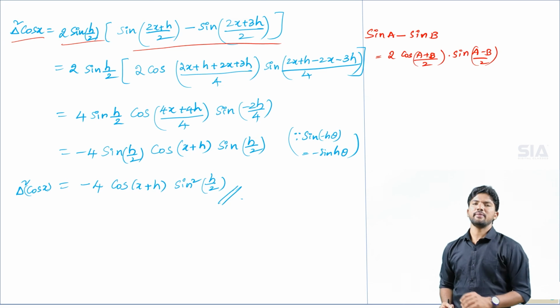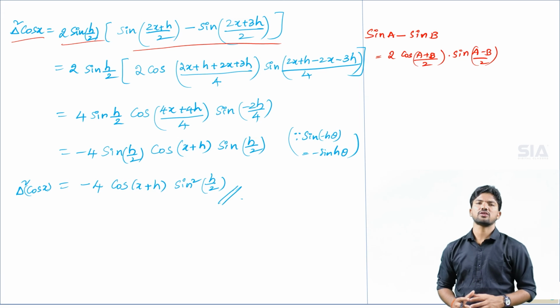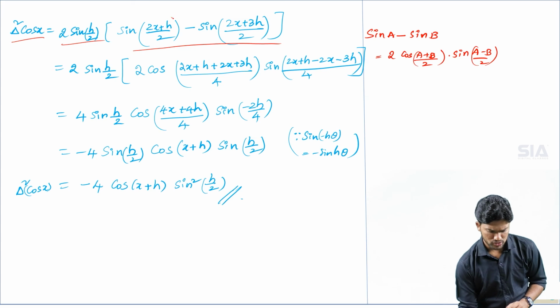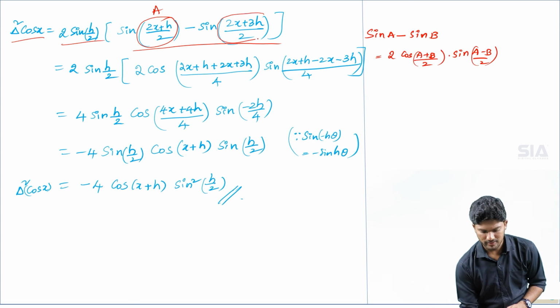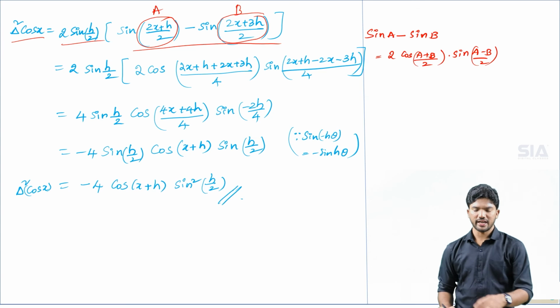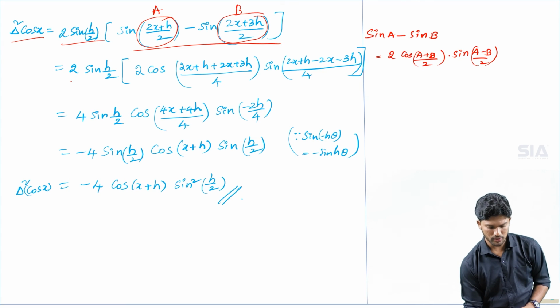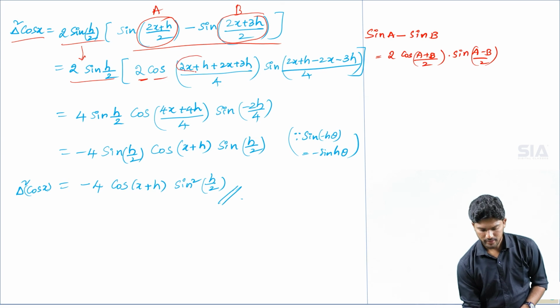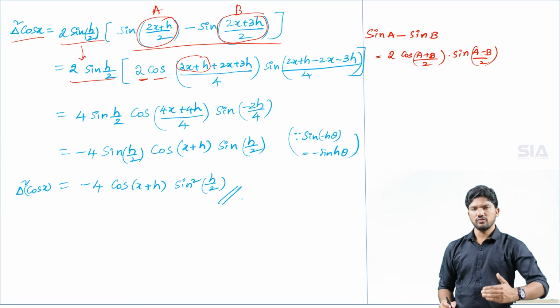What is the a? This total value is the a and this total value is the b. Substitute the corresponding values, then you will get 2 into sin h by 2 as it is. So 2 into cos a, that means by 2 will be there.